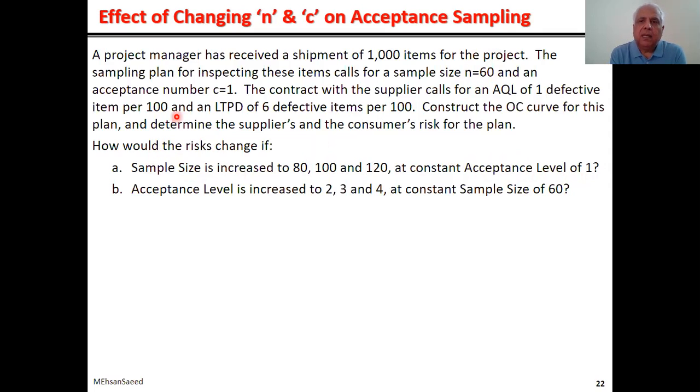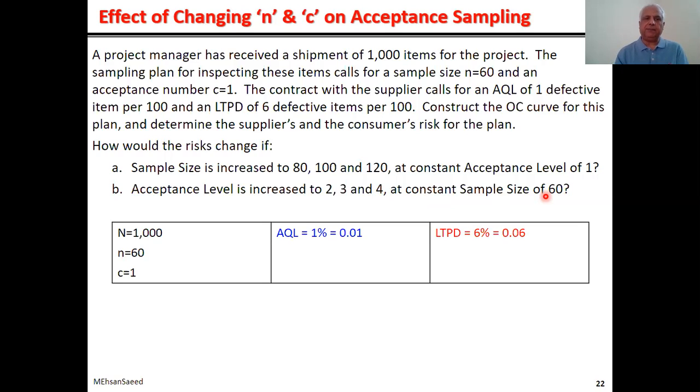And how will these risks change if the acceptance level is increased from 1 to 2 to 3 to 4, but keeping the sample size constant at 60. So that is the problem, and we are going to now deal with this. Here is the data. What we are given is big N 1,000, small n 60, small c 1, AQL 1%, LTPD 6%.